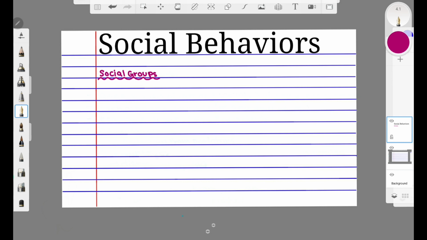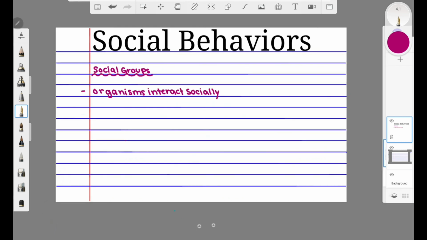The last type of group we're going to be talking about is social groups. In social groups, organisms do interact socially, and they interact and act for the entire species and their benefit.